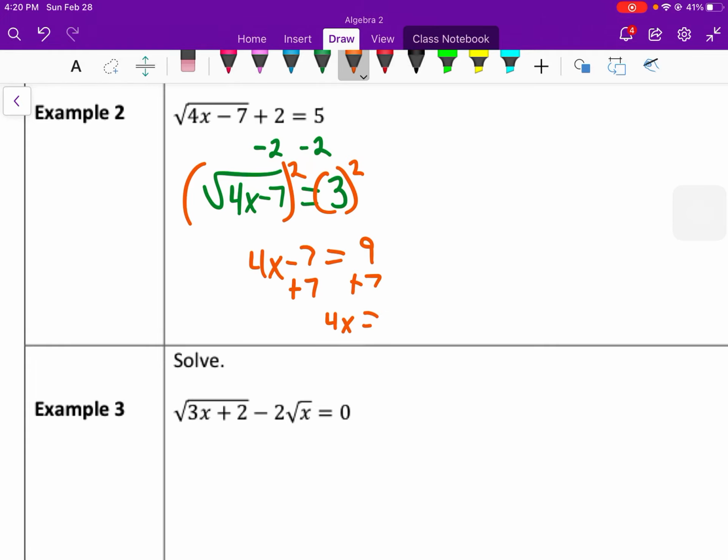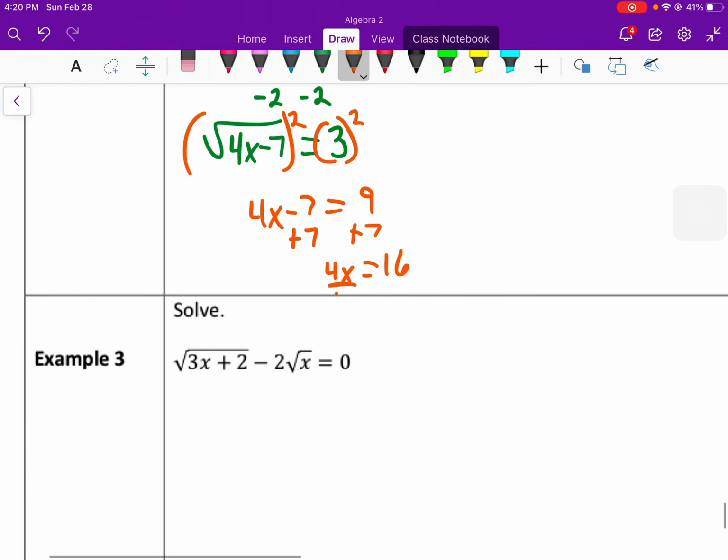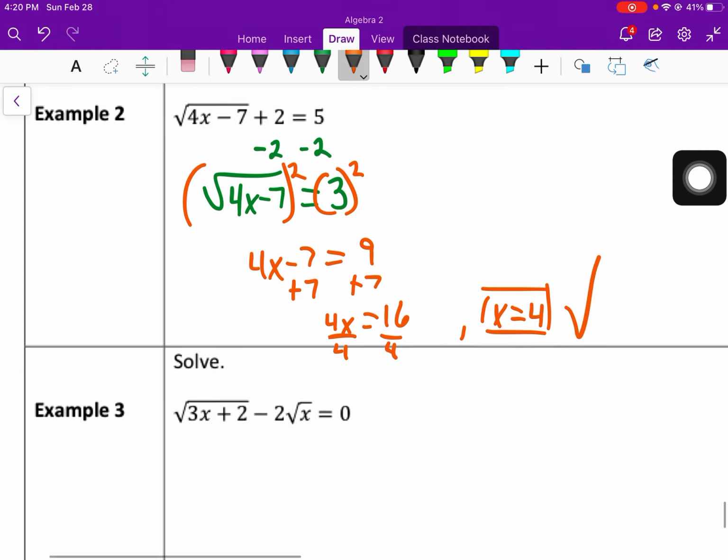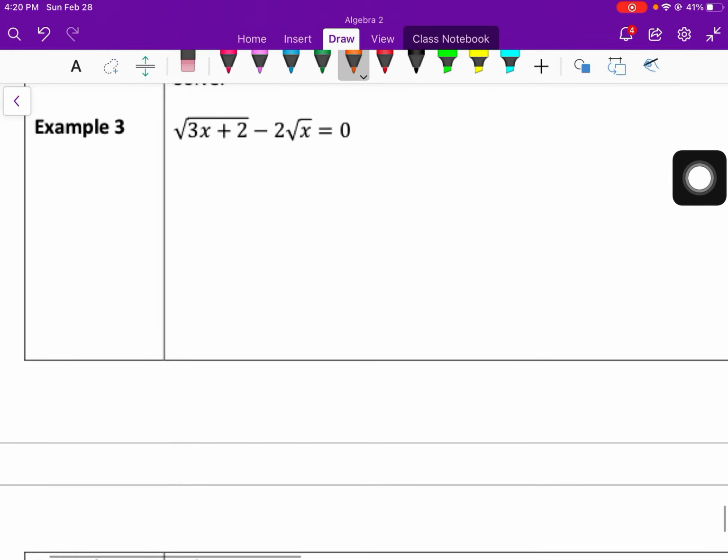So 4x equals 16. Divide by 4. Therefore, x equals 4. Let's check it. So we would have 4 times 4 is 16, minus 7 is 9. The square root of 9 is 3, plus 2 is 5. Good. So that is a real solution.